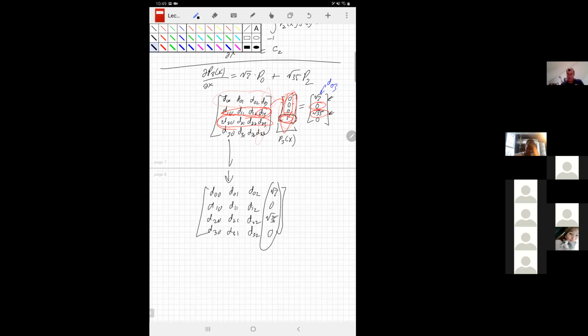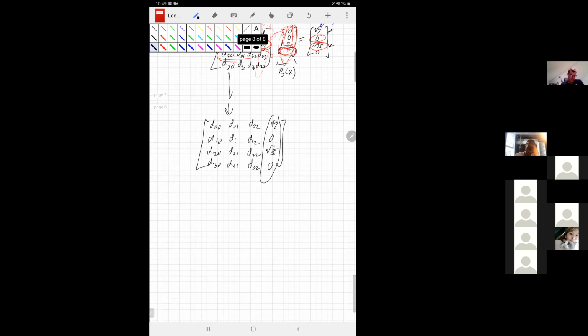And if I wanted to get the next 4, which we won't do, what I would do is take the derivative of, say, P2. And that's going to be something to get the next column.